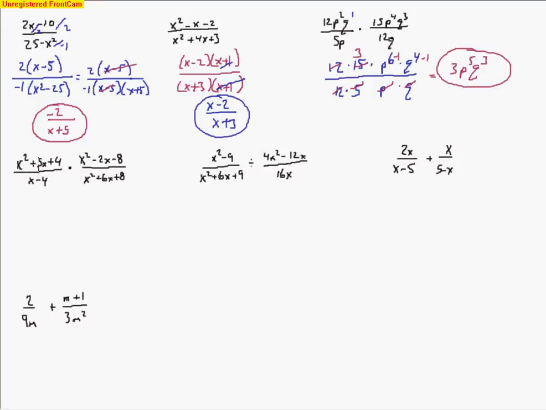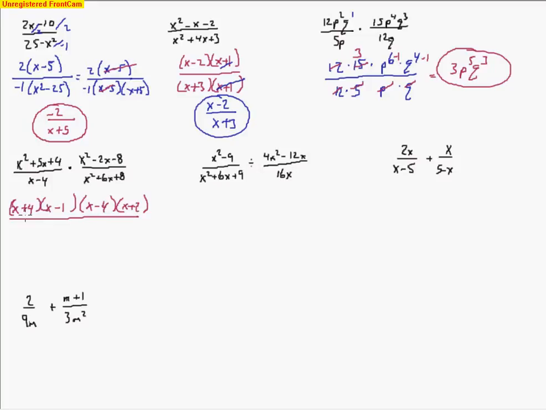Now I've got 2 fractions and we're multiplying them, but this time we have to factor in order to do the work. So let's draw 2 sets of parentheses for the top of that first fraction. X plus 4 and x plus 1 multiply to make 4, but add to make 5. Keep on going along the numerator here. X squared minus 2x minus 8 is going to factor to an x minus 4 and an x plus 2.